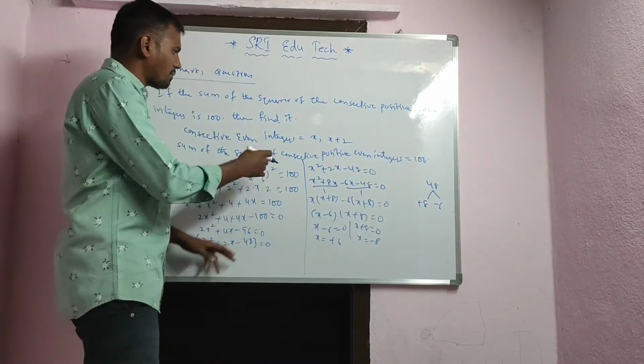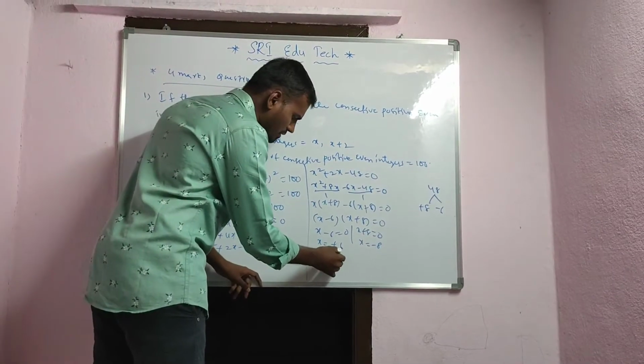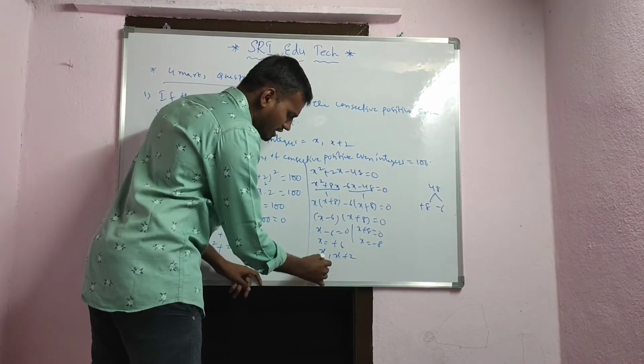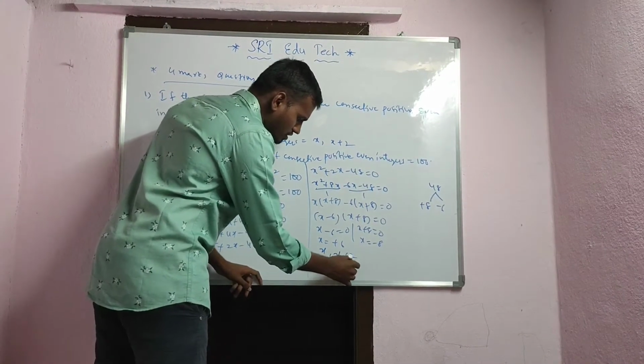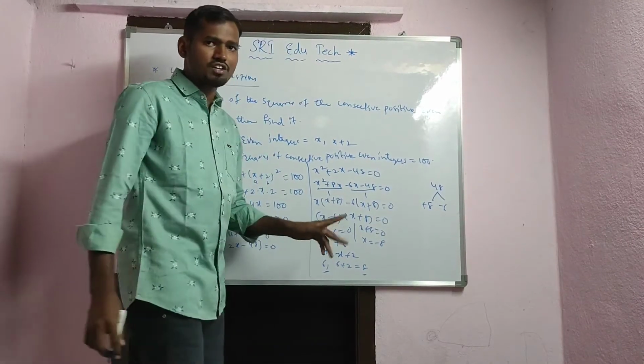So I am taking the consecutive integers x and x plus 2. Then x means 6, and 6 plus 2 is equal to 8. So these are the two consecutive even numbers.